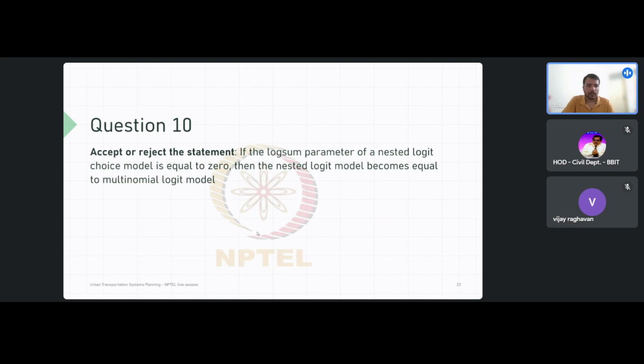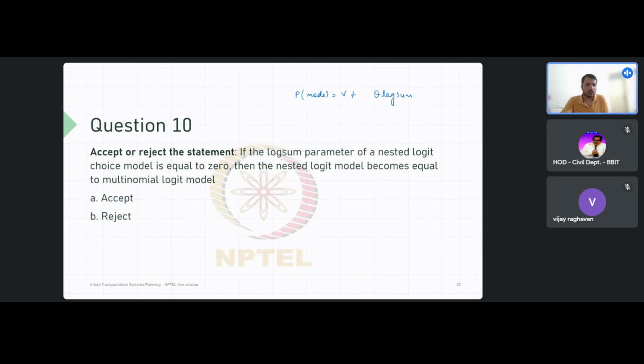So if the log sum parameter of a nested logit choice model is equal to 0, then the nested logit model becomes equal to multinomial logit model. Accept or reject. So I'll solve this directly. Here the probability of choosing a particular mode will be V plus some theta times the log sum.